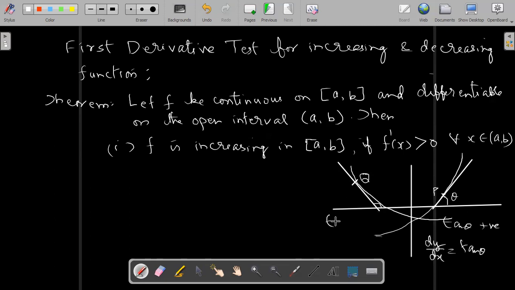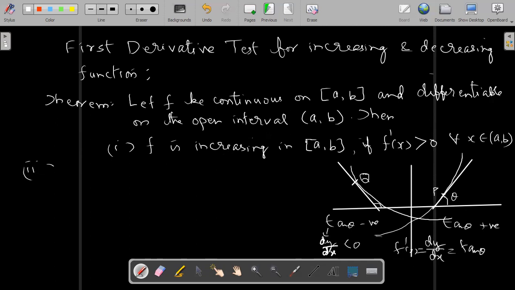So tan theta is negative. Tan theta means derivative, f dash x. F dash x or derivative, both are the same. So dy by dx will be negative, that means less than 0. If it is greater than 0, we can say the function is increasing.